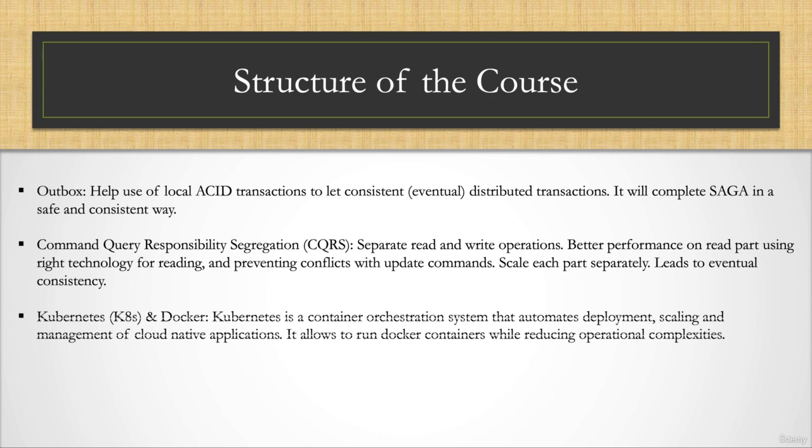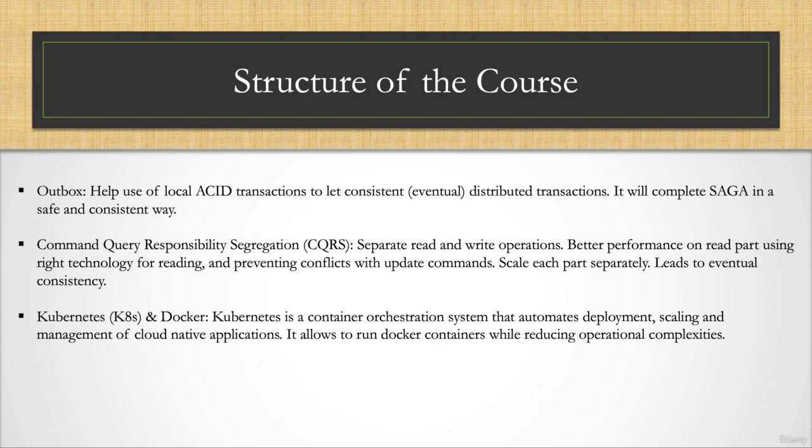Kubernetes and Docker. Kubernetes is a container orchestration system that automates deployment, scaling, and management of cloud-native applications. It allows to run Docker containers while reducing operational complexities. You will learn to containerize your services and first run them locally using Docker.